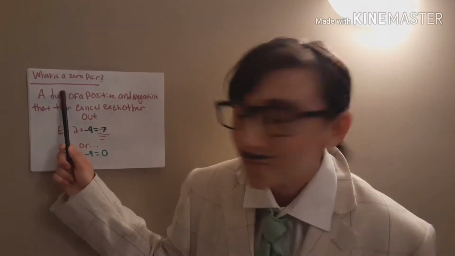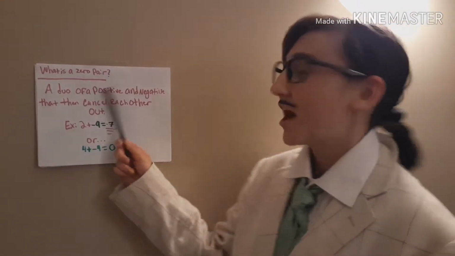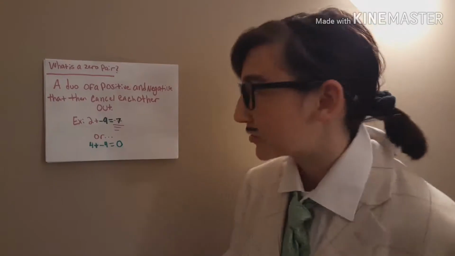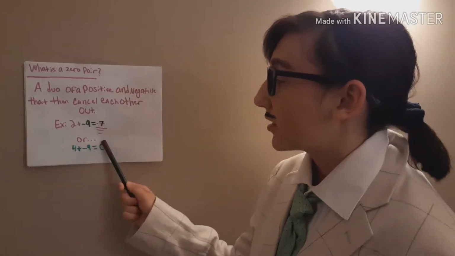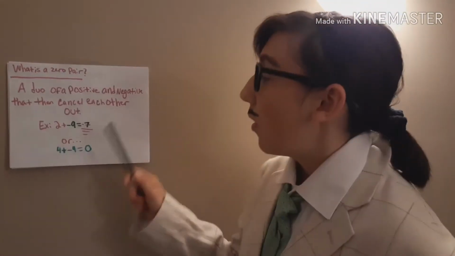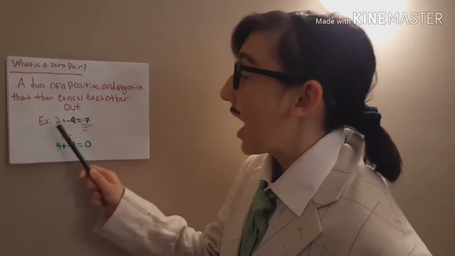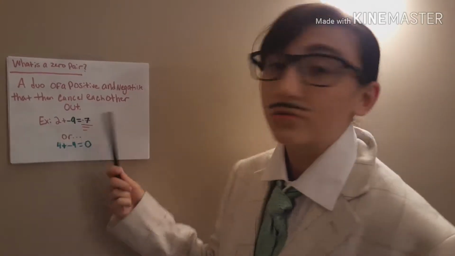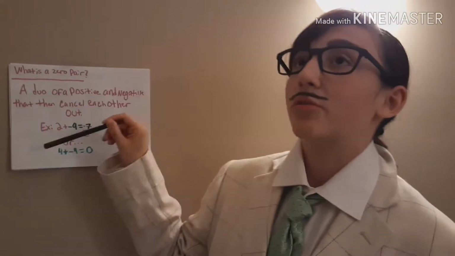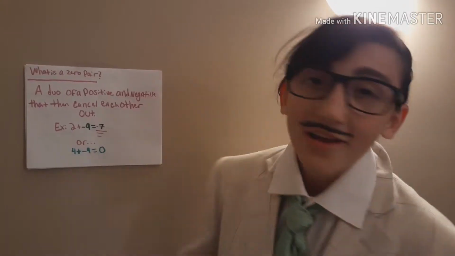Next, what is a zero pair? A duo, so together, the team, the couple, of a positive and a negative number that then cancel each other out. Now, it could either be a positive number and a negative number of the same value, like 4 and negative 4, which would cancel out to 0, or it could be a positive 2 and a negative 9, or numbers of different values, and there are zero pairs within that, which then result in leftovers of negative 7.